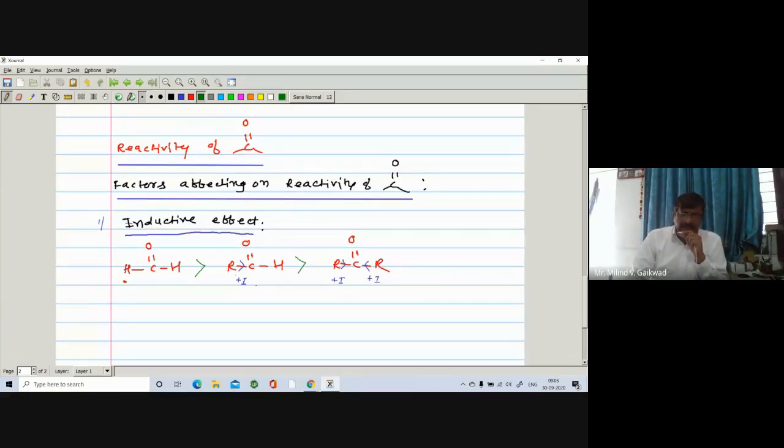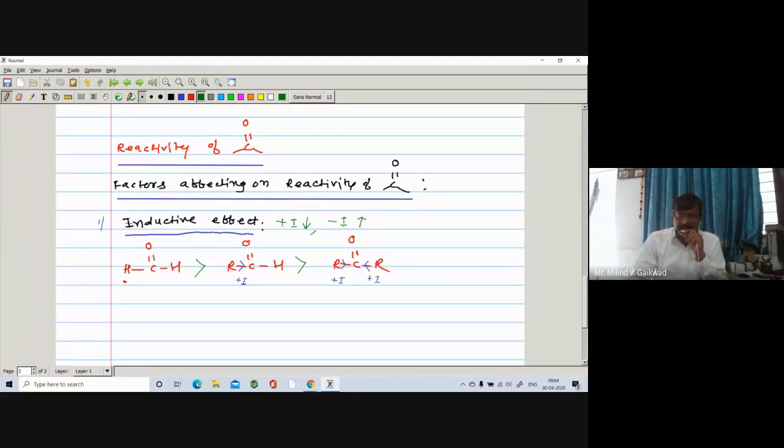In inductive effect, if there is a plus I effect, then the reactivity gets decreased. But if there is a minus I effect, then in that case the reactivity gets increased, right?